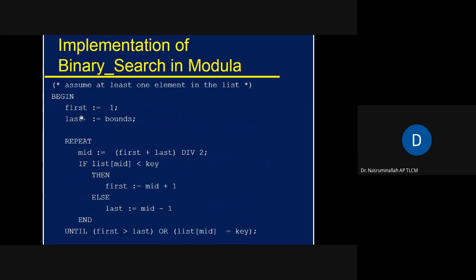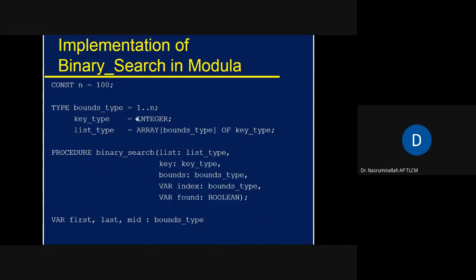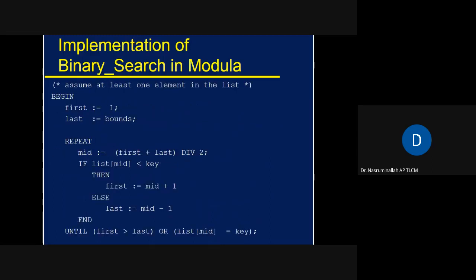First and last are actually the bounds. Initially, first will be equal to 1, and last will be equal to the bound, which will be the last element. So we will keep on iterating a loop. First we have to find the middle index, which is equal to first plus last divided by 2.